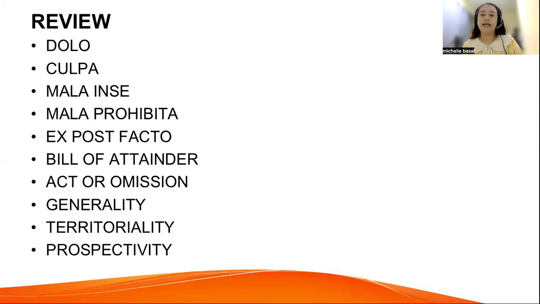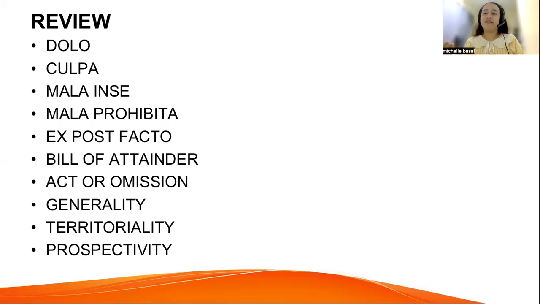Now let's go to mala in se and mala prohibita. We've already discussed this. Crimes mala in se are those crimes which are punished by, or defined by, the Revised Penal Code, RPC. When we say RPC, we talk about the Revised Penal Code. And here, the act is inherently evil.